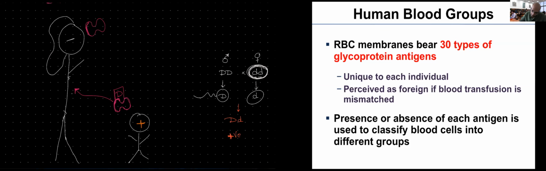As the mother gets exposed to antigen D, her immune system is going to consider it a non-self antigen. She doesn't have antigen D on the surface of her red blood cells. So after exposure, not before, after she gets exposed to antigen D from her baby's red blood cells that escaped to her circulation during labor, she will start to produce anti-D.